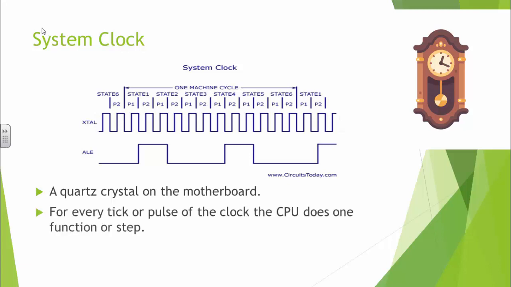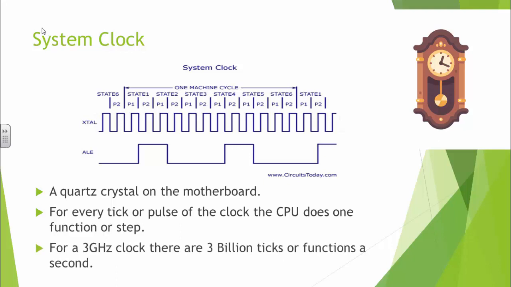And this pulse will coordinate all of the operations that happen inside the computer so that the computer can know what it's doing at any given time. So for every tick, every pulse of the clock, the CPU can do one function or step. If we have a 3 gigahertz clock, that means there are 3 billion ticks per second.